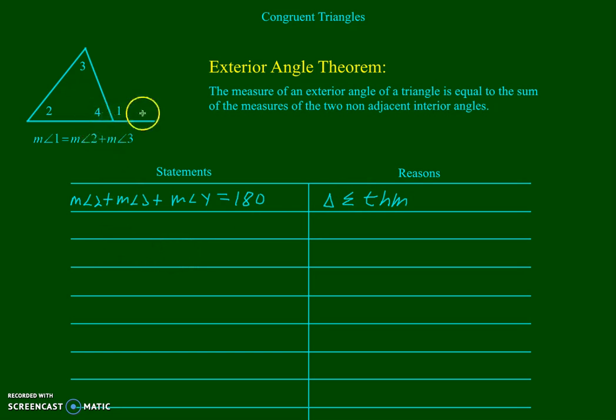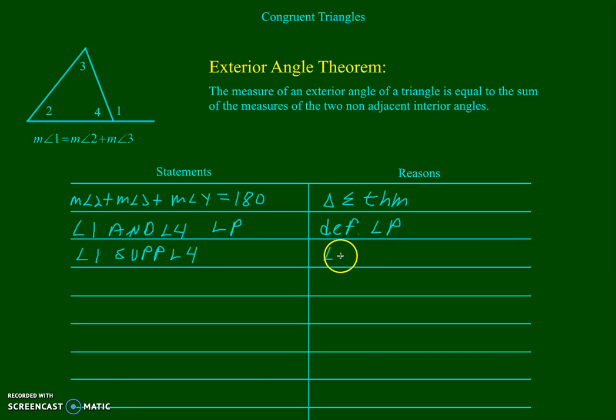Alright, we also know that these two are a linear pair. So angle 1 and angle 4 are a linear pair. That's the definition of a linear pair. We know that angle 1 is supplementary to angle 4. Remember what the reason is?